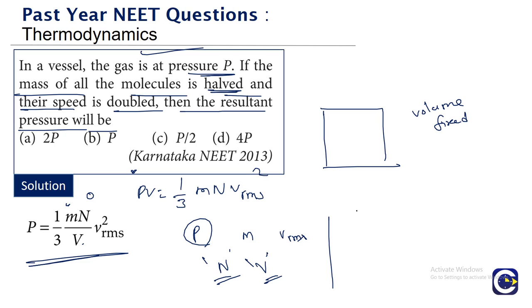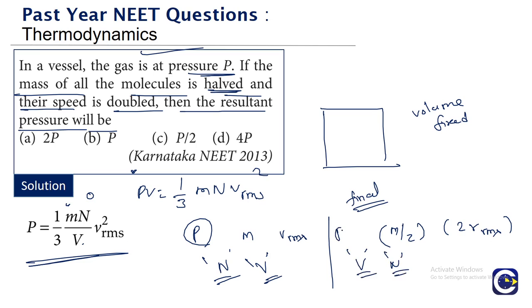Second case, or the final case. We are changing the mass of the molecules. The mass of all the molecules is halved, so mass is m by 2. And the speed is doubled, means 2 times V RMS, since the original speed is V RMS. And the volume is fixed, the number of particles is fixed.